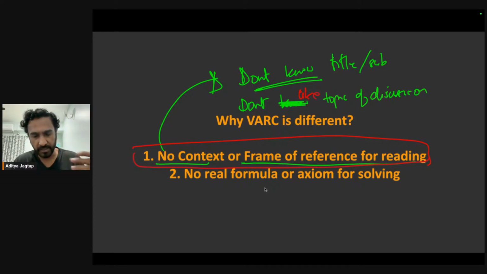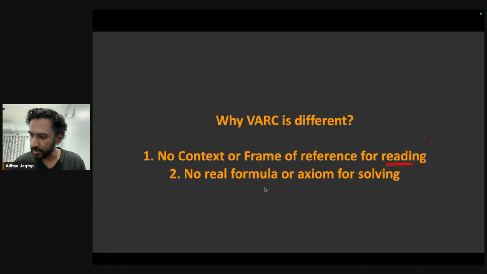So for our strategy to maximize our marks, I essentially want to highlight certain key reading processes that you need to develop, right? And the other thing is there's no real formula or axiom for solving. This is important because when we are comparing methods, or transferring knowledge from one person to another about how to solve a particular question, this is much more easily done in logical reasoning and quant questions, where there's some axiom or process that is imposed by the subject.